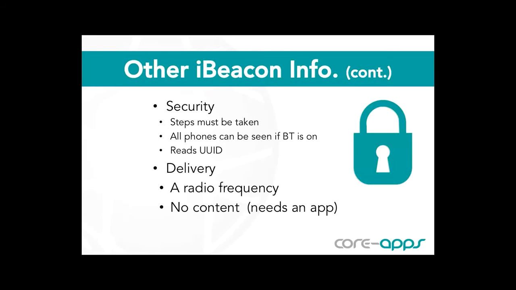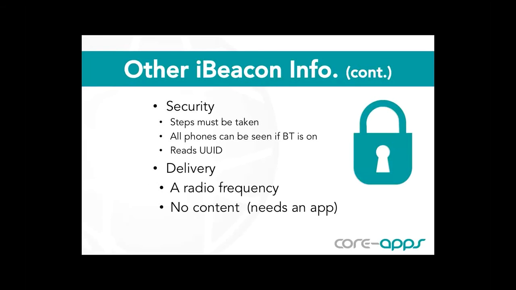So for example, if we're trying to track the traffic on the show floor or at a particular event, we can register other people's phones that have Bluetooth on, but we're not going to know anything about that person, maybe their profile information or things of that nature, but they will get seen. As I mentioned before, it reads a UUID, that unique identifier.